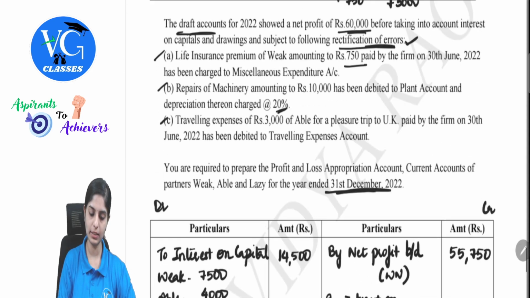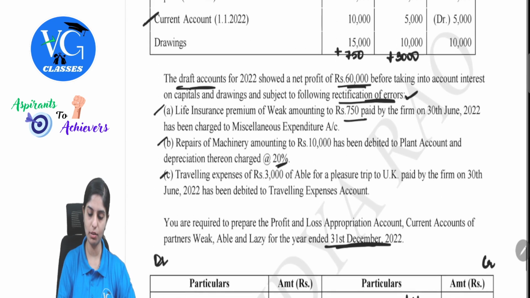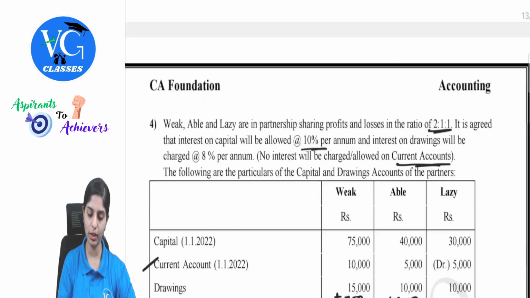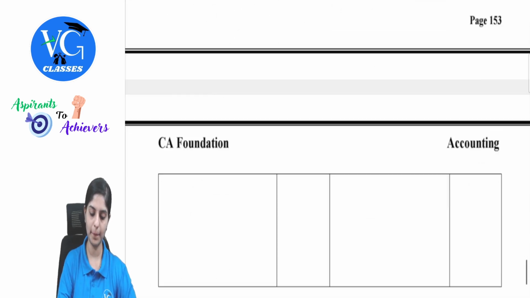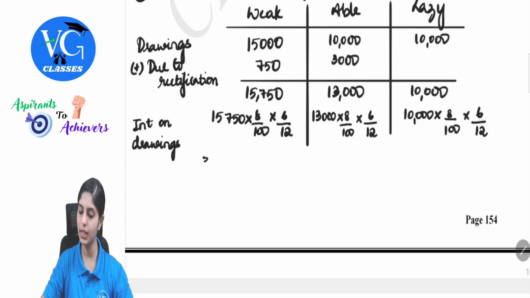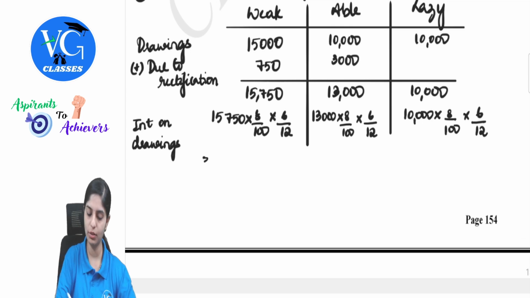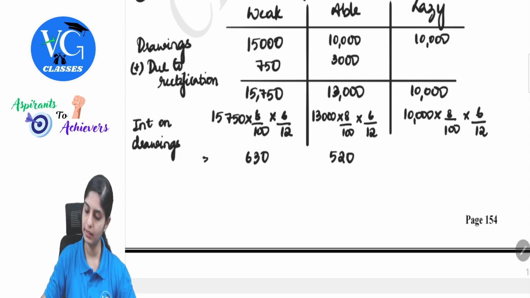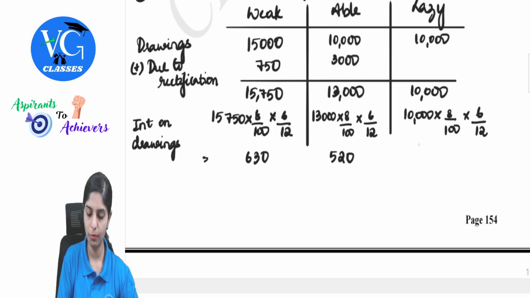So this was 8%, right? Interest on drawings, just to confirm once. Yes. So let's calculate 15,750 into 8% into 6 by 12. So this will be 630. 13,000 into 8% into 6 by 12, 520. 10,000 into 8% into 6 by 12, 400.